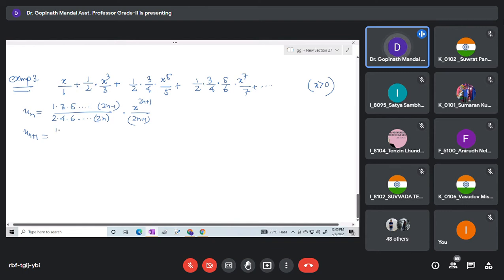Un plus 1 is just placing n plus 1 in the position of n, so this is 2n minus 1 into 2n plus 1 by 2 4 6 2n into 2n plus 2, x to the power 2n plus 3 by 2n plus 3.